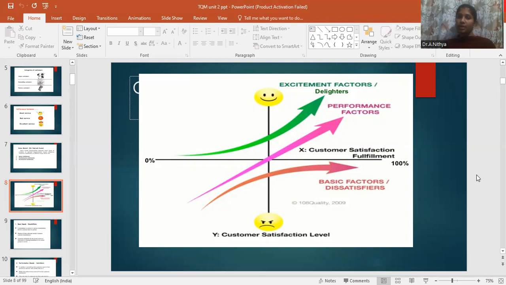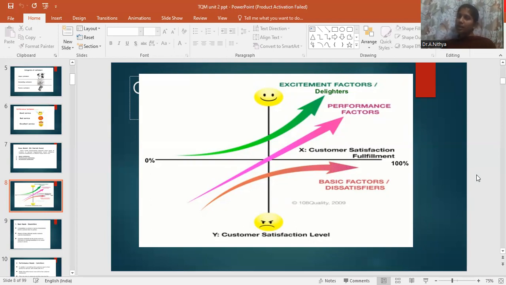Here you can see the green arrow, which represents delighters, meaning the customers are extremely happy because their needs are fulfilled and more than their needs were given. Then this pink arrow represents the performance factor, where they are moderately satisfied. The basic factors are given and what they required is given.